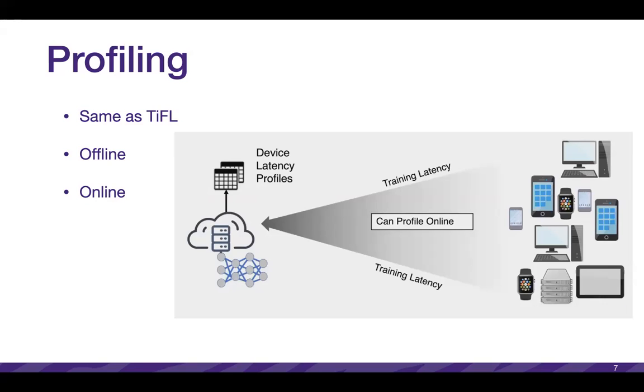For the online profiling, the server can send some tasks to all the devices to compute the communication time and also the computation time. But in this paper, the authors only consider the offline profiling, because this paper assumes that once a client belongs to some tier, it will not belong to any other tiers. It will not change into any other tiers.